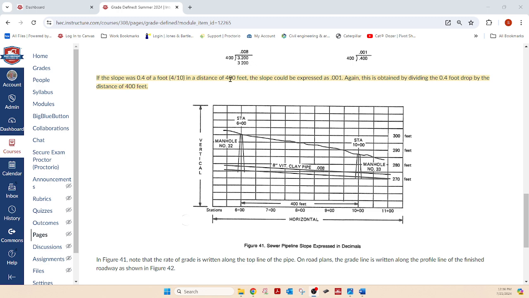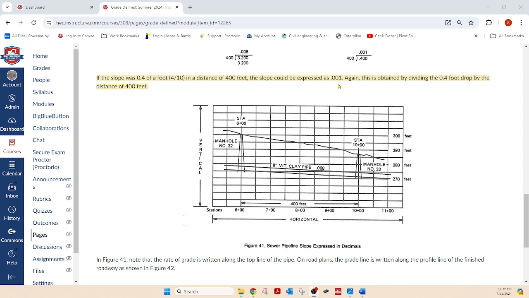Let's see what I get. 0.4 divided by 400. You will come up with an answer of 0.001. That would be your fall in this case, 0.001, because when you take 4/10 and divide by 400, that's what you get.